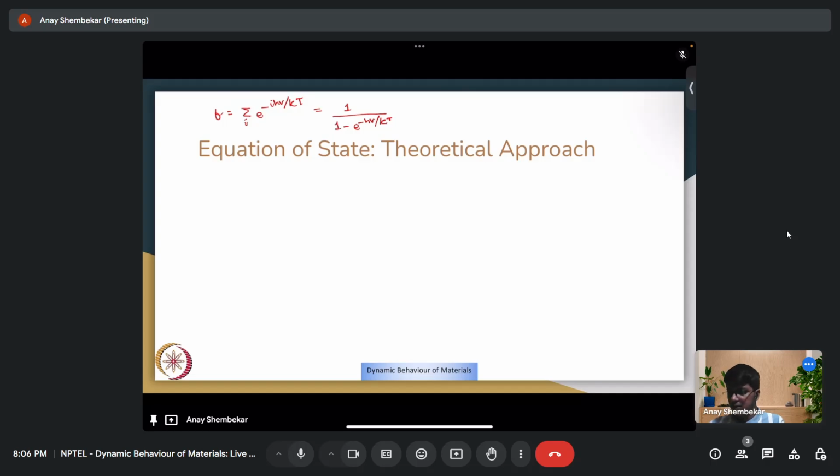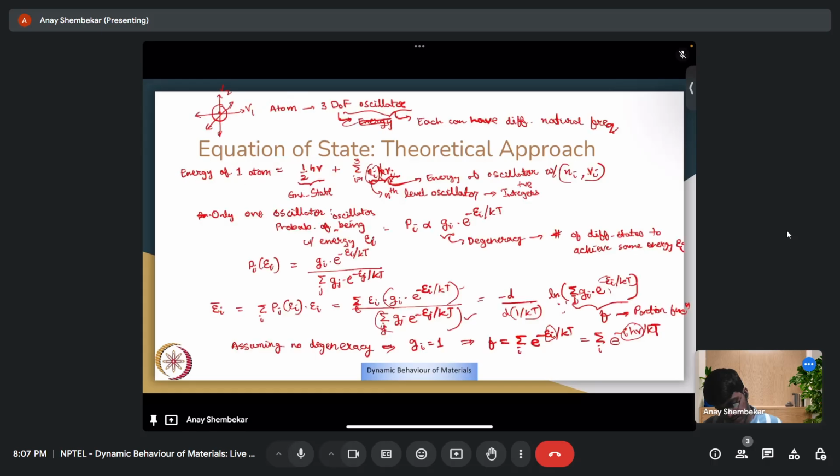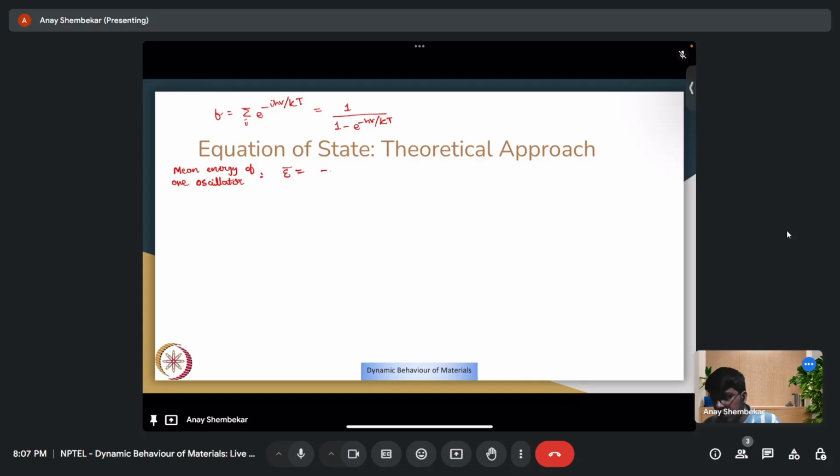Now, if we take the mean energy of one oscillator, that would be E bar equal to, again we'll do this summation thing, and you have minus d by d of (1 by kT) of ln of 1 over 1 minus e raised to minus h nu by kT.